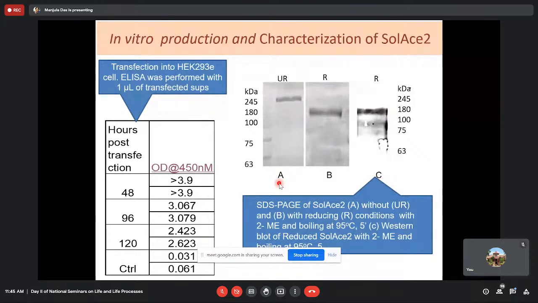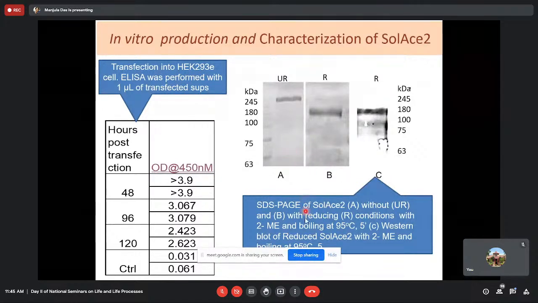By ELISA performed with 1 microliter of the transfected supernatant, with the spike protein, which we also expressed, we saw that the expression was on till 120 hours.